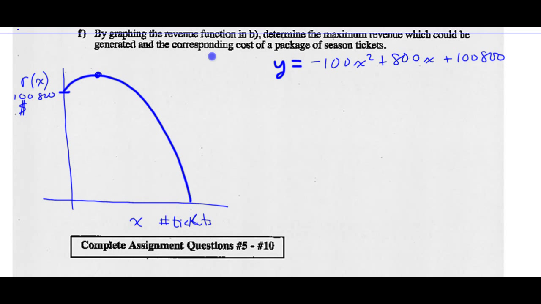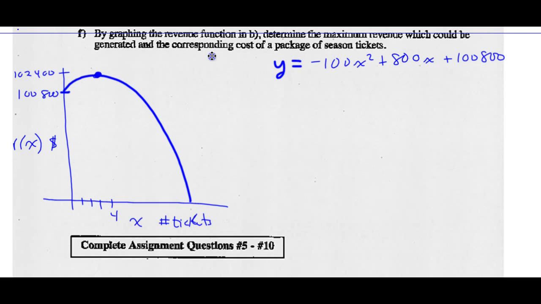The maximum occurs when x is 1, 2, 3, 4. And that had a maximum value, if we recall from the calculator, this is R of x in dollars. This is 100,800, and we said that maximum was 102,400. So that's our vertex point.